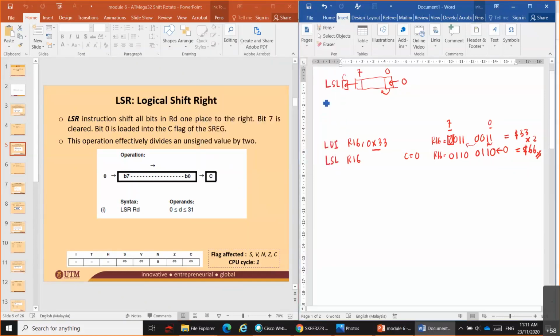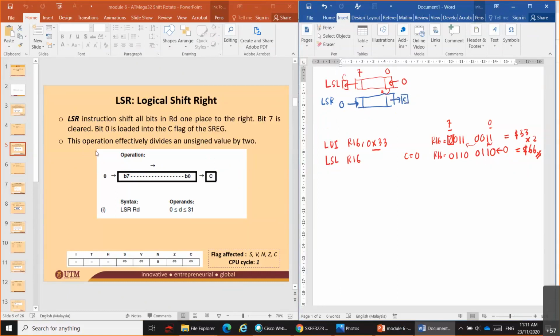This is your LSR. This is your register. 0 from outside will go to your bit 7, while any value from bit 0 will go to your C flag.